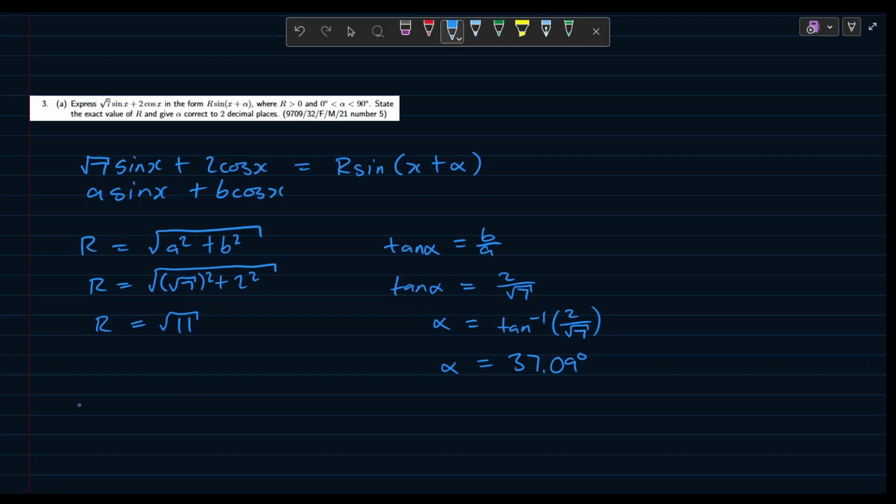So this means root 7 sine x plus 2 cos x can be written as root 11 sine x plus 37.09 degrees. Alright, and so we have written this in the form r sine x plus alpha, and this is our final answer. Let's look at one for cos, r cos.